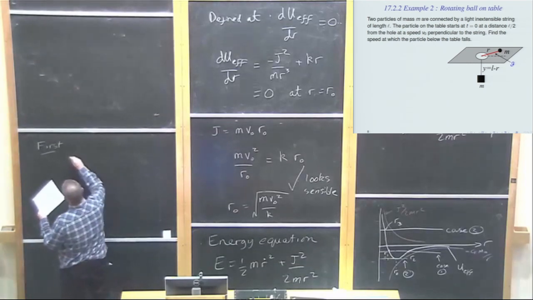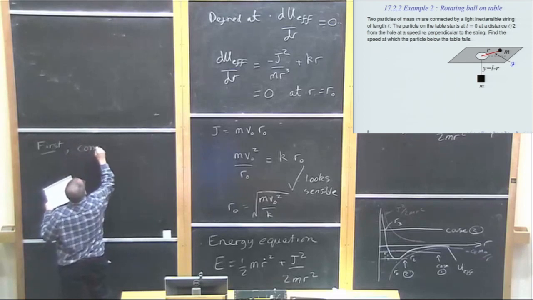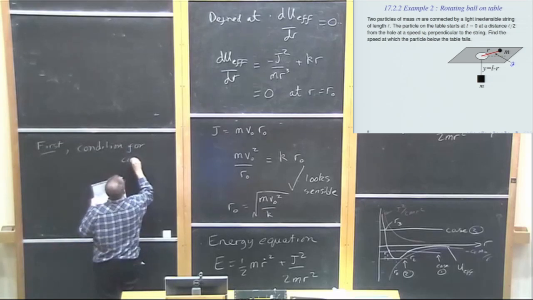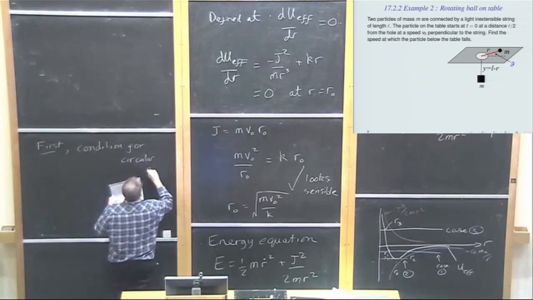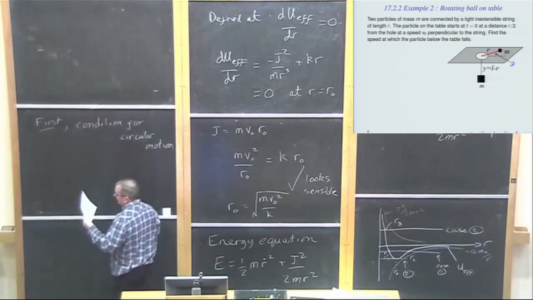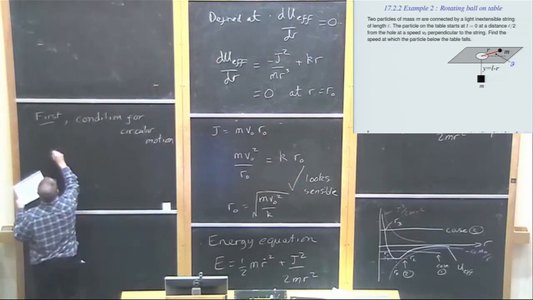So first, what is the condition for circular motion? Because this will give us a result which we'll come back to later and check with our more sophisticated means. So let's just here equate forces.